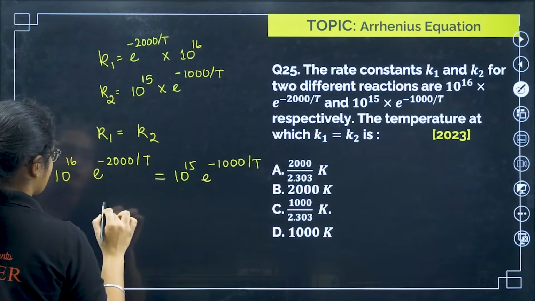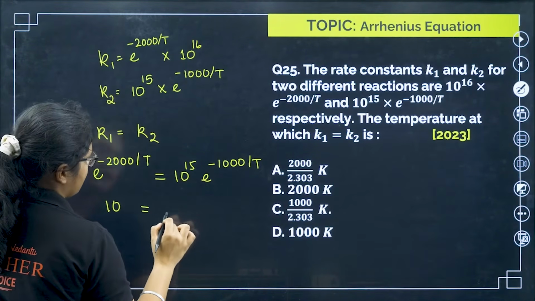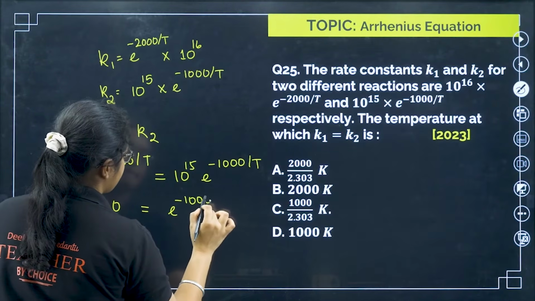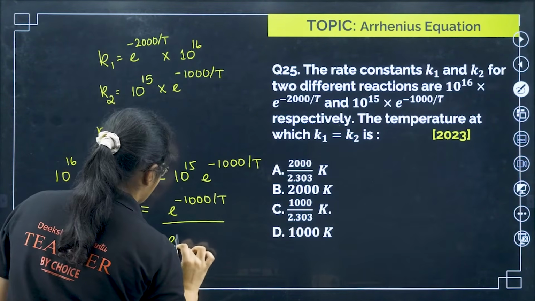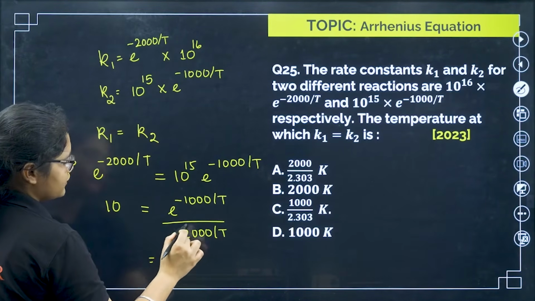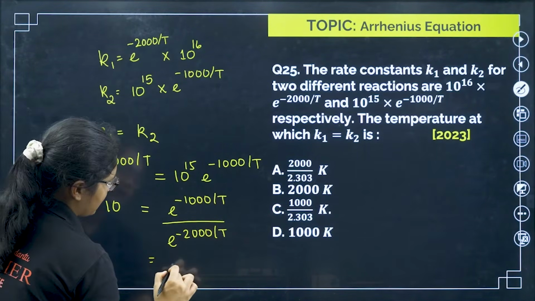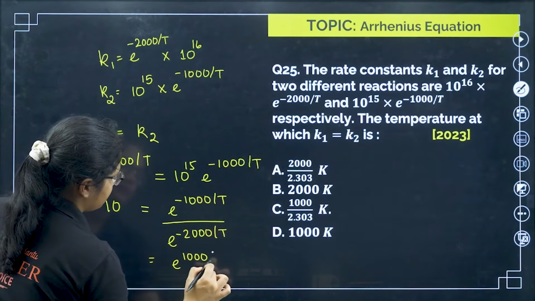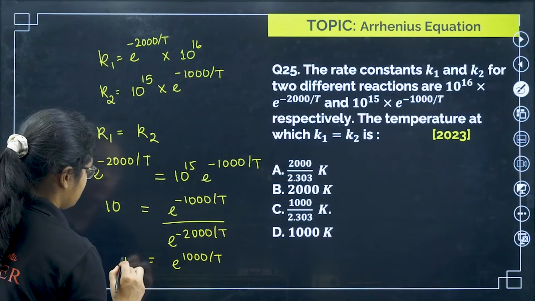Now if I solve this, it will become 10 on one side, with e to the power of minus 1000 by T and e to the power of minus 2000 by T, so it becomes e to the power of 1000 by T, which is equal to 10.